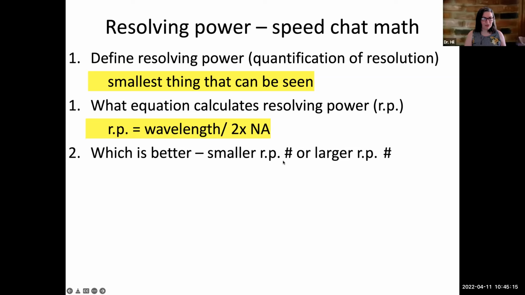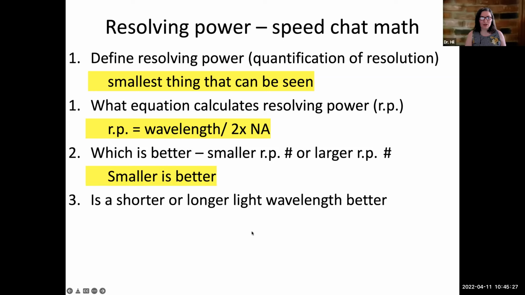I've talked about this already, you know this already, but quickly, when you calculate this number, do you want it to be small or big? That's right. You want it to be as small as you can get it. And so given that that's the case, and wavelength is on the top part of this fraction, do we want a short or a long wavelength? Correct.